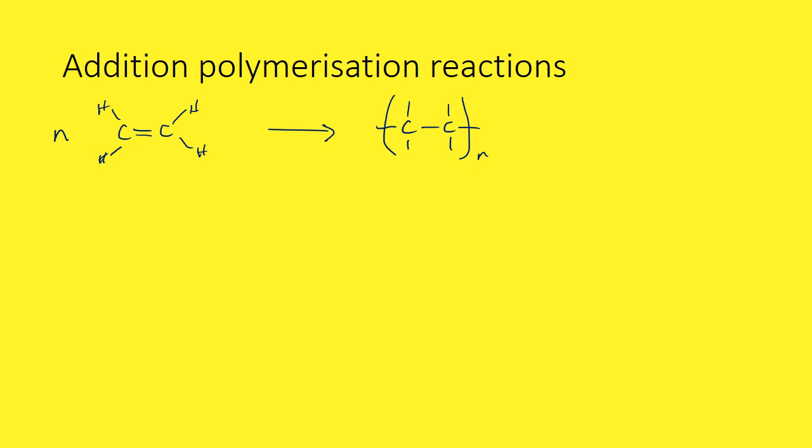Now we're going to have a look at the second type of question you could get. So you could get a question that starts off with the polymer and asks you for the repeating unit. So here's a polymer. So we've got a carbon chain here, and it's one of the hydrogens substituted for, let's just say, a methyl group.